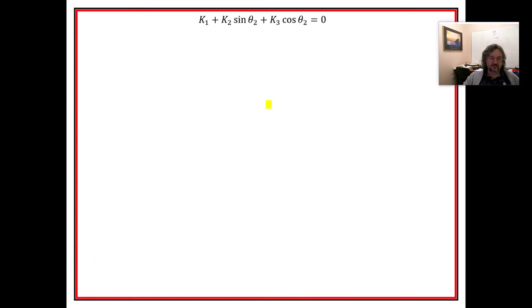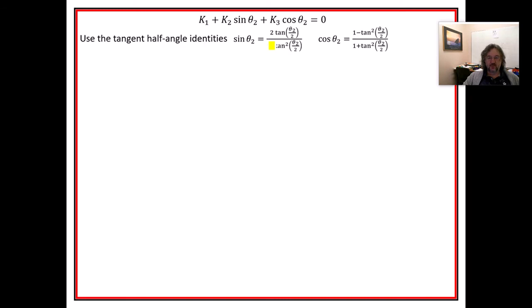Anyway, we have this equation, and now we're going to try to solve it. In order to solve it, we use the half-angle identities right here, the tangent half-angle identities, and we replace the sine here with this, and the cosine right here with these.